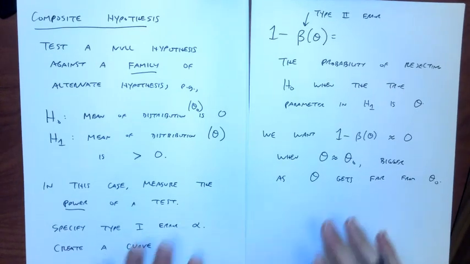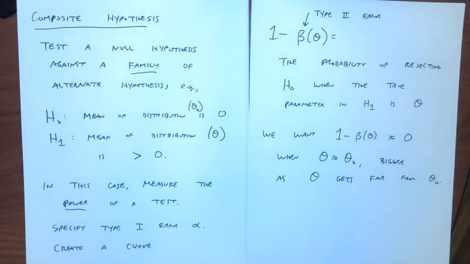So don't worry about this part too much. I just want to introduce the concept that there's more to say about hypothesis testing depending on how much you're able to characterize about the null and the alternative, right? And you can even have composite hypotheses on both sides. You could say one hypothesis is that the mean is negative, the other is that the mean is positive. Both of those collect together a whole bunch of distributions, right?